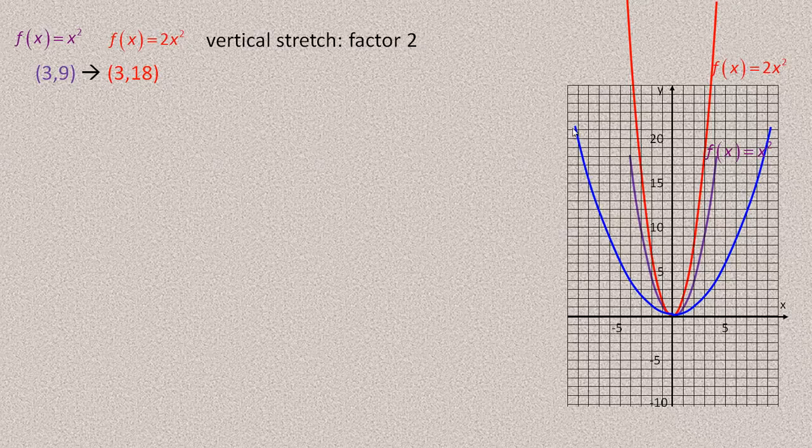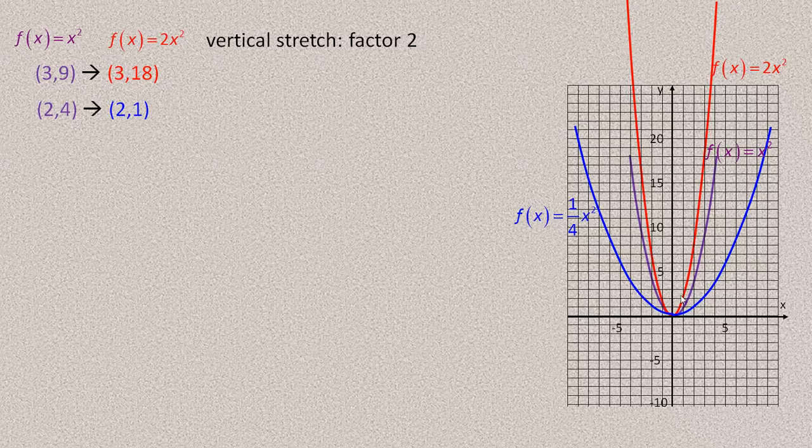Now here's one that has been vertically compressed instead of stretched. It's less steep than the original. So we're comparing it to the original, not this transformed one. So for example, and I'll explain why, this is f of x equals a quarter x squared.